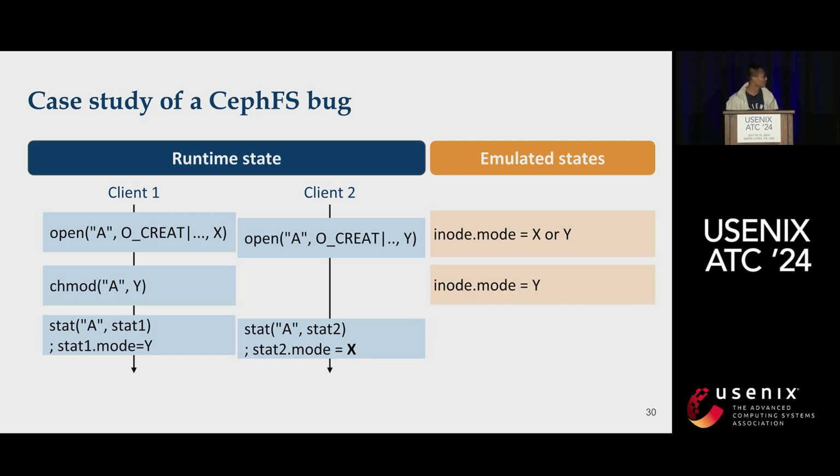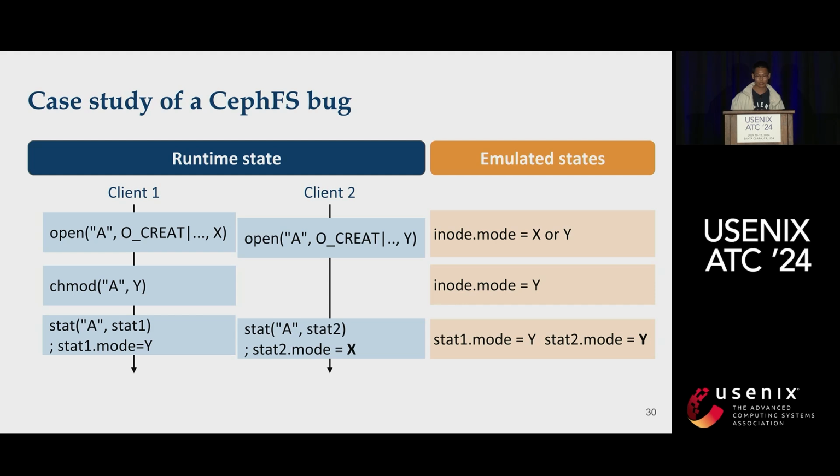And then the change mode was executed without any concurrent syscalls, so the result is deterministic, which should be Y. Finally, two stats were executed concurrently, so there should also be two orders between these two syscalls. However, because these two syscalls are read syscalls, they don't affect each other, so we will only explore one order between them and prune the other order to improve the emulation performance.